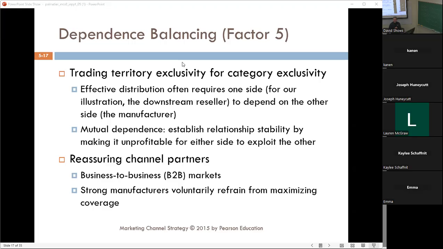We want to be able to reassure channel partners that our commitment is enduring and that we maximize our coverage with strong groups. Good manufacturers, to balance dependence, will not try to maximize coverage by bringing out their own stores.